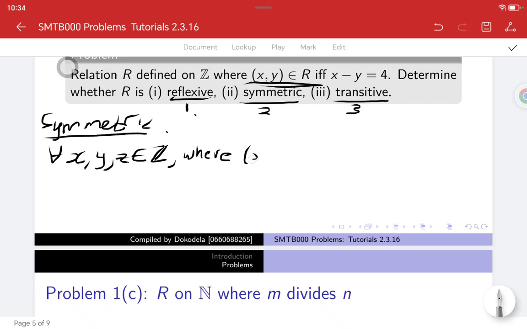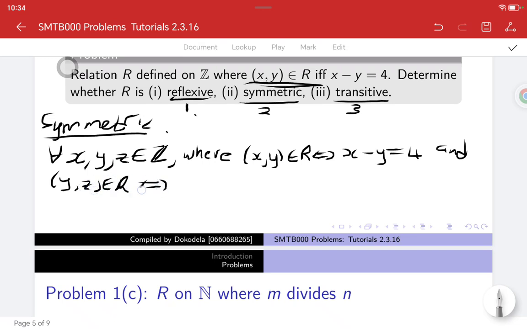So first we check that. We take (x, y) an element of R, which is if and only if x minus y is equal to 4. Then, and now we take y related to z, which means that y minus z should be equal to 4.